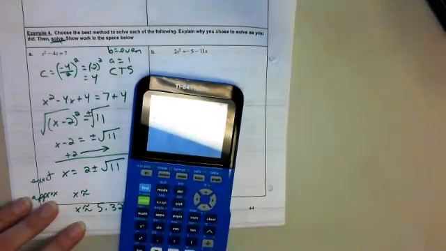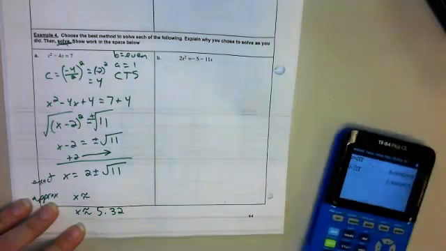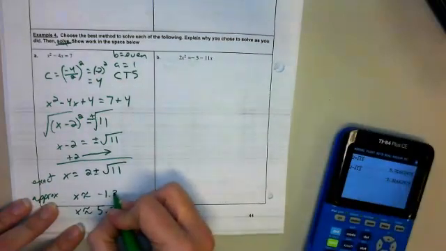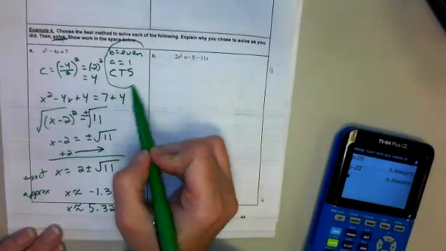And then 2 minus the square root of 11 equals negative 1.32. Okay, and there are my 2 solutions using completing the square.